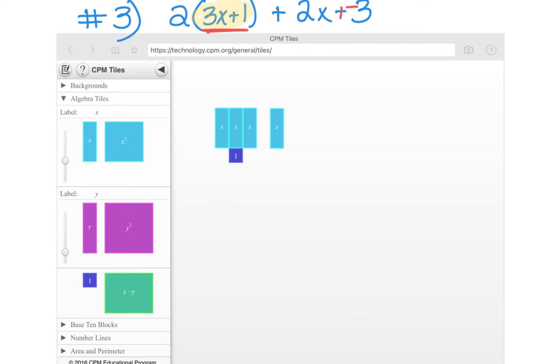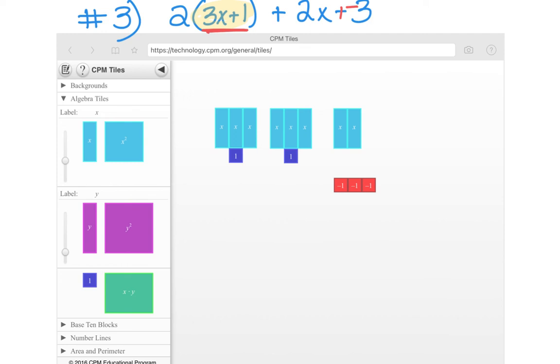I've got 1x, 2x, 3x, plus 1. There, now I've got 2 groups of 3x plus 1. And then I'm going to be adding 2x. And then I will be adding 3 negatives. 1, 2, and 3.